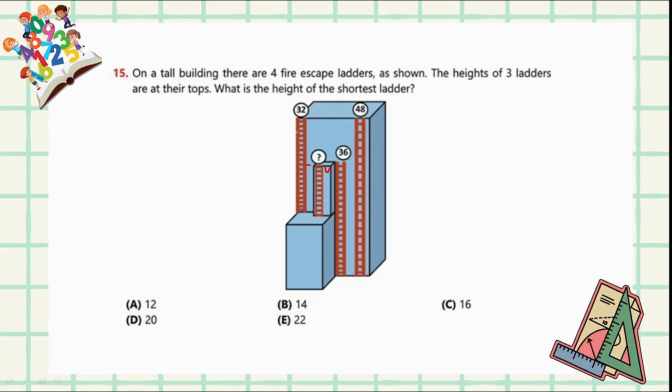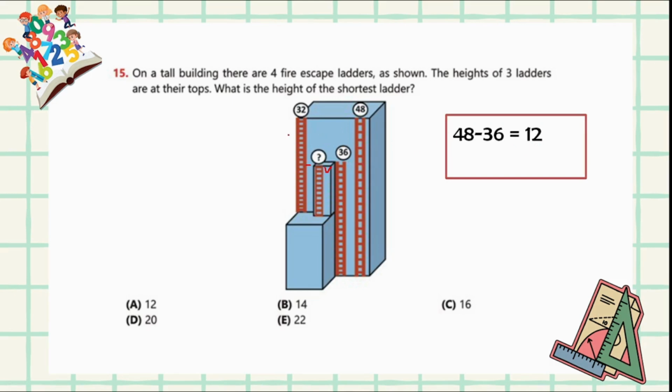So what we will do is find the length of the upper part of the first ladder and subtract it from 32. The upper part of the first ladder is exactly equal to the difference of the third and fourth ladder. So we can subtract 36 from 48, which is equal to 12.